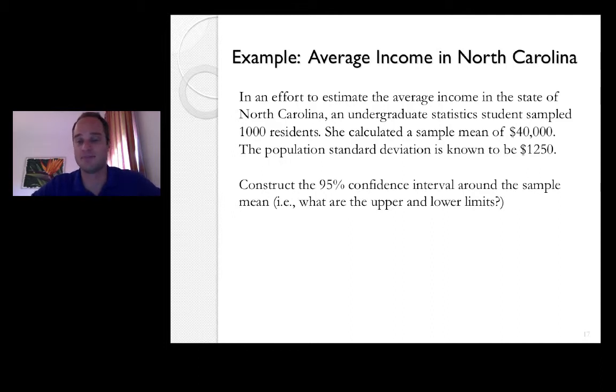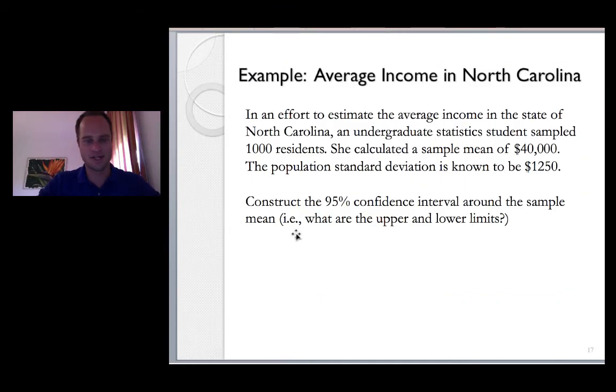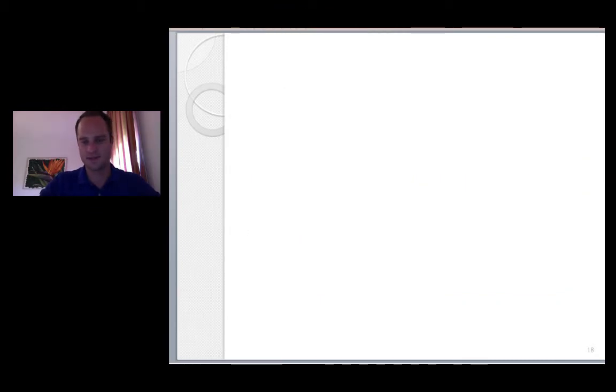That's her X bar. And consider that the population standard deviation is known to be $1,250. The question is, construct the 95% confidence interval around the sample mean. Meaning, what's the upper bound and the lower bound? All right, let's work through this.